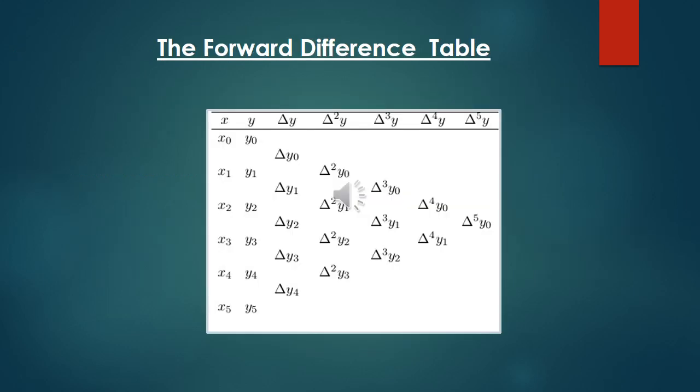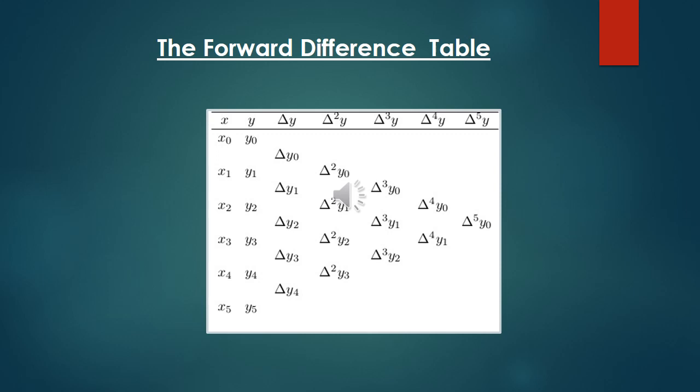This section explains the construction of the forward difference table. The values of x and the corresponding y values are given. Here, the x values are x0, x1, etc., up to x5, and the corresponding y values are y0, y1, etc., up to y5. Then the next column is delta y, which is the first forward difference.